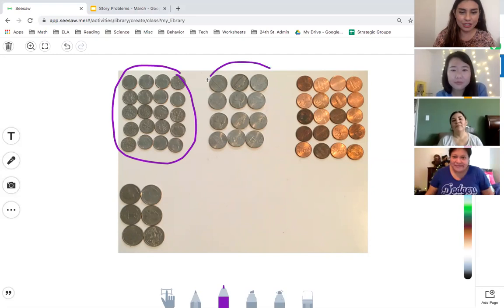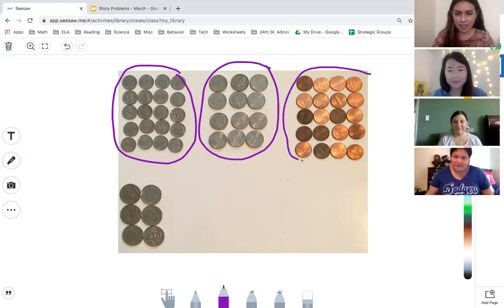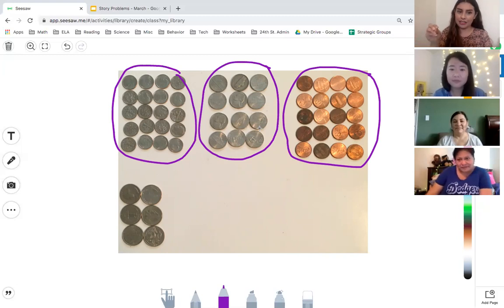Yes. And Miss T, what's the value of a nickel? Here are some nickels. 5 cents. 5 cents. And Miss Hernandez, what's the value of a penny? 1 cent. 1 cent. So 10 pennies would be the same as a dime, Miss Hernandez?